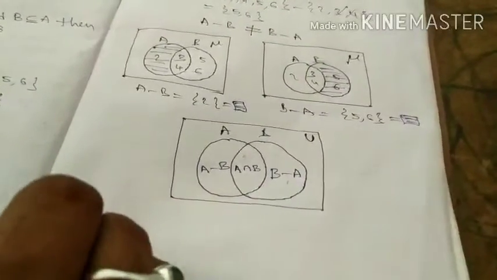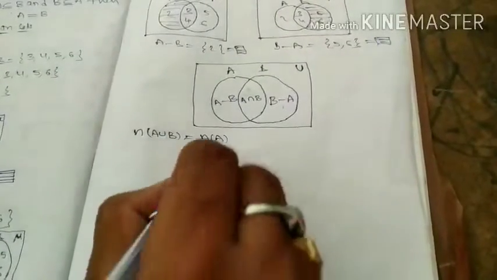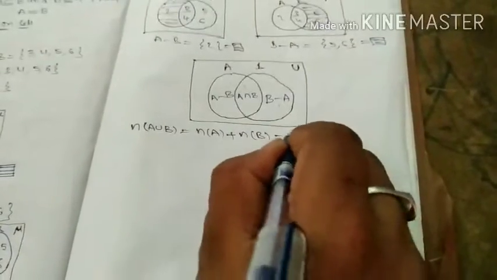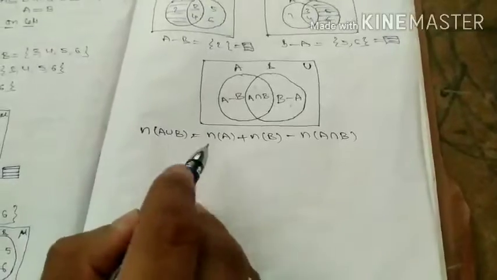Just the cardinality property: n of A union B is equal to n of A plus n of B minus n of A intersection B. This is the cardinality property.